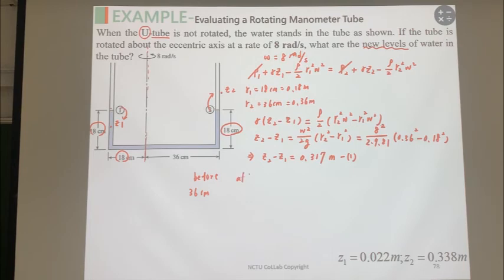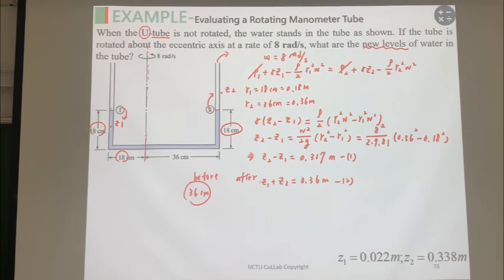Even after rotating, if the liquid didn't flow out, then even though the elevation changes, Z1 plus Z2 still needs to equal 36, right? So we have the equation in here.